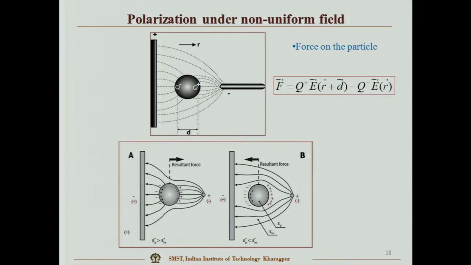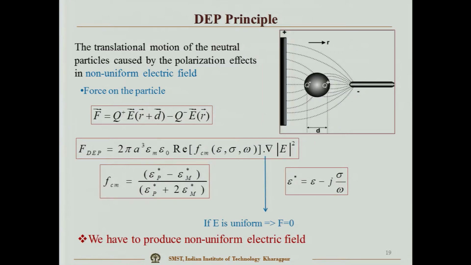Much of the electric field will be distributed in the media itself. So, accordingly, the dielectric force on this particle will be going towards this direction, and in this case the particle will try to move in just the opposite direction.